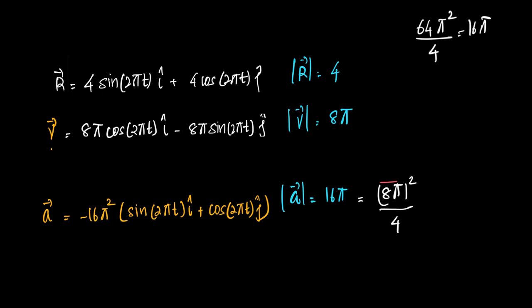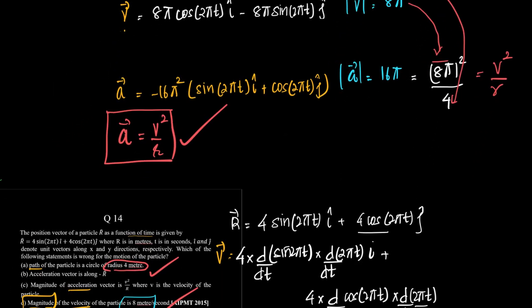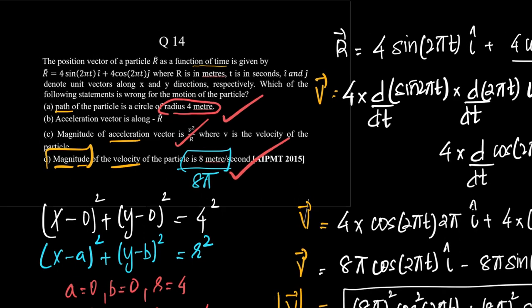Because 8 pi is velocity, so this can be written as v square, and 4 is r. So this can be written as v square by r. So in short, acceleration can be written as v square by r. So yes, that is also correct, which means the magnitude of acceleration being v square by r is correct.